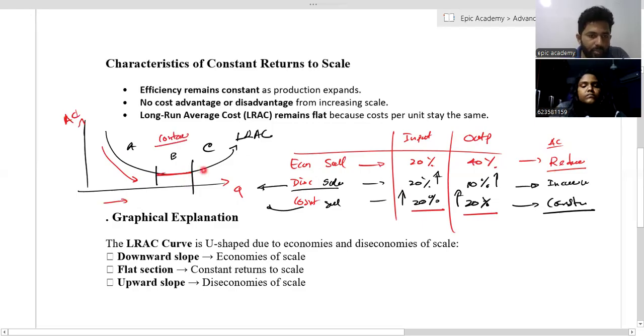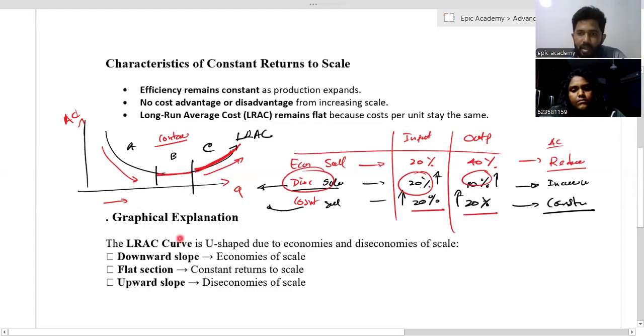But during part C of the long run average cost, you increase the input by 20%, but the output increases by only 10%. So the average cost is going to increase. The curve goes up, which means diseconomies of scale must be there.